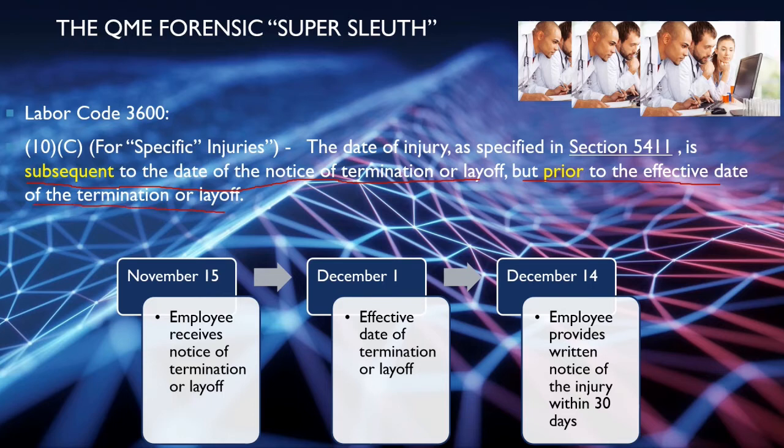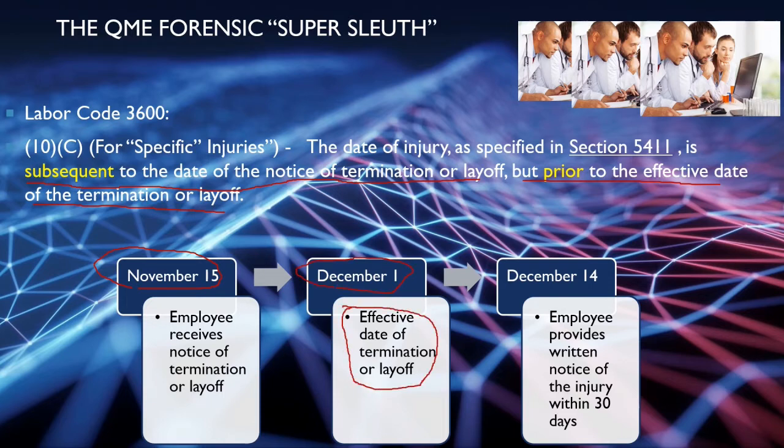And that makes sense. Even though the examinee gets a notice today, let's say today is November 15th, and the employee receives notification that on December 1st they're going to be laid off. That's the effective date of their termination or layoff.